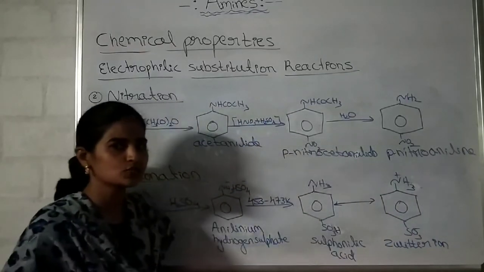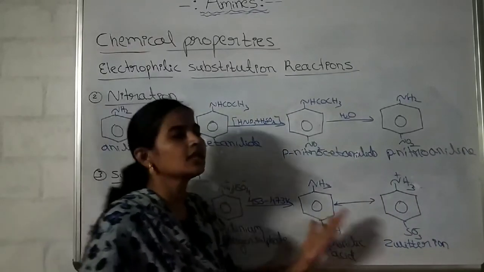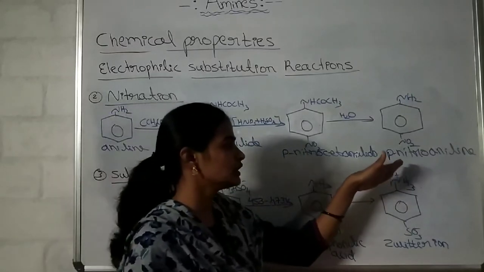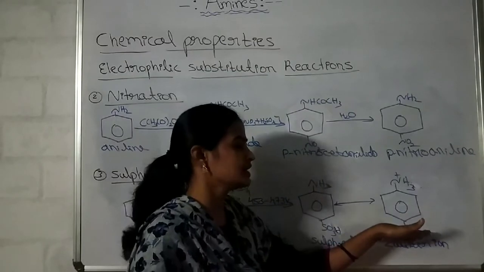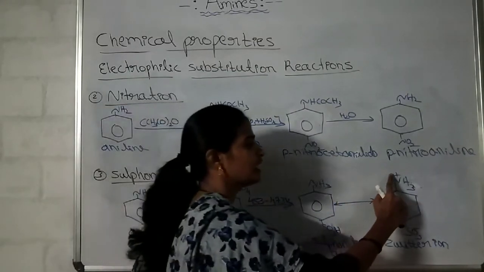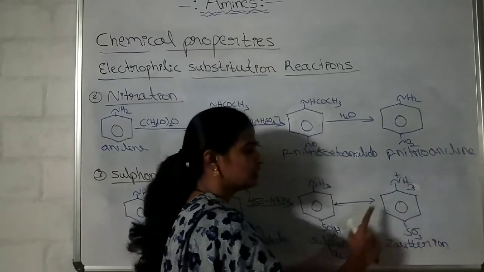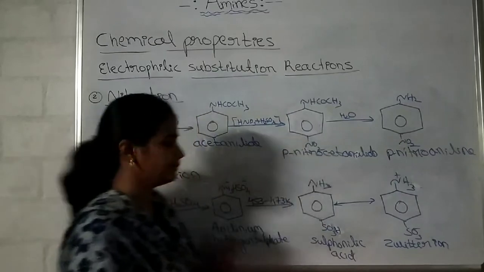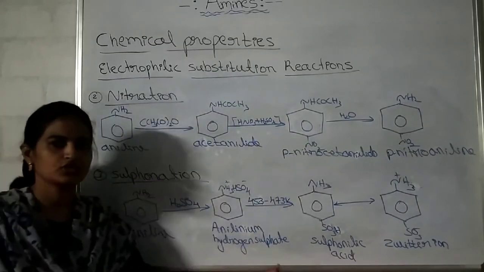What is a zwitter ion? It is an internal salt formed due to the presence of both a cation as well as an anion in the same compound. That is called an internal salt, also called a zwitter ion. This is about the sulfonation reaction.